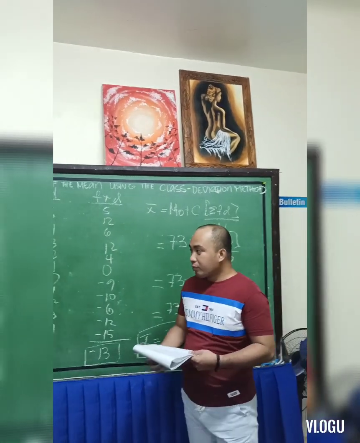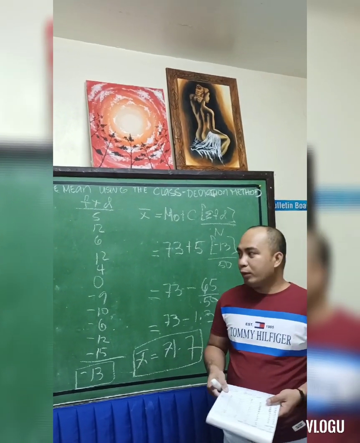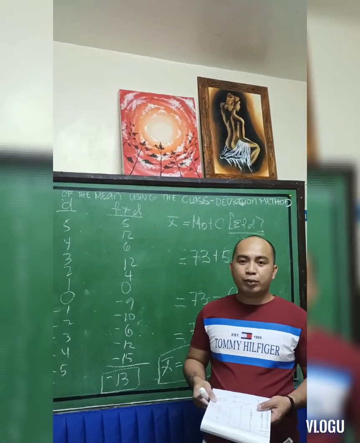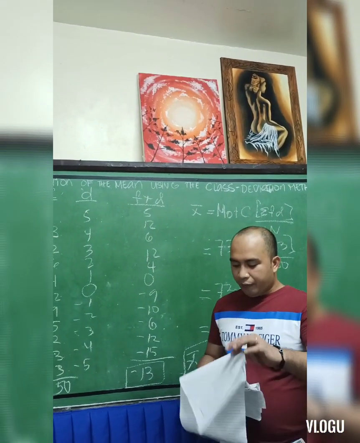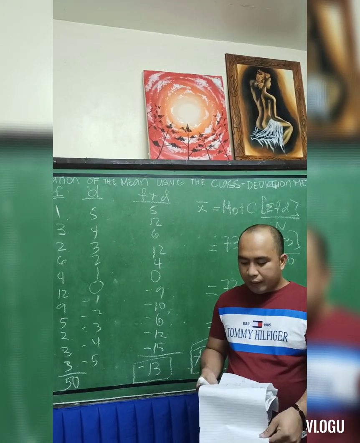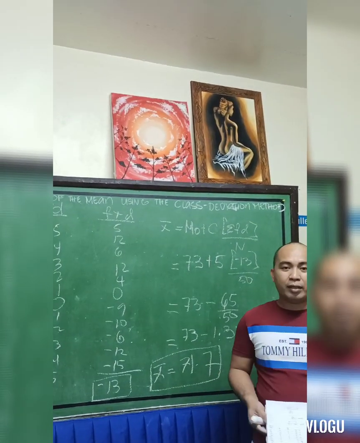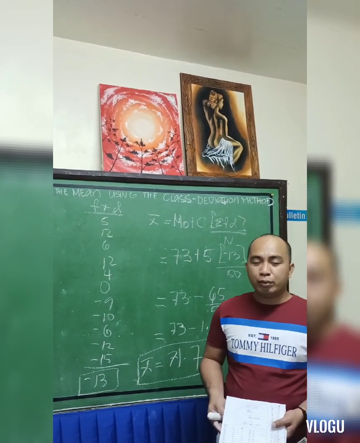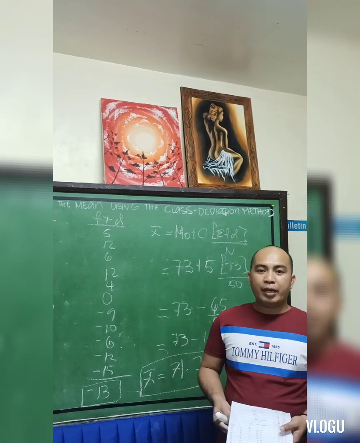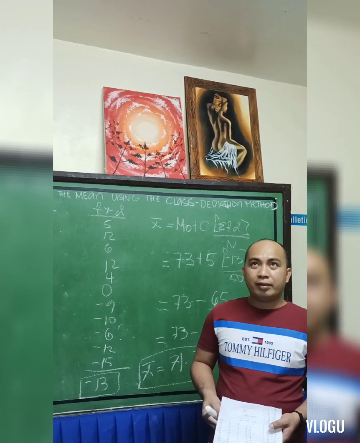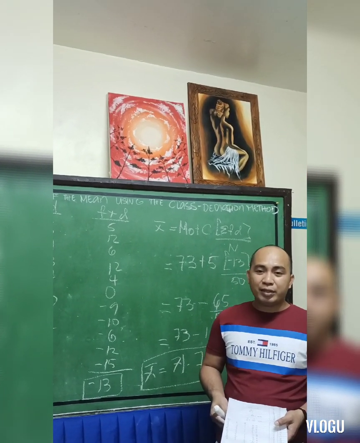So always remember our formula in the midpoint method, which is arithmetic mean is equal to the summation of the product of midpoint times frequency, and our formula in using the class deviation method is arithmetic mean is equal to midpoint of origin plus the class interval times the summation of the product of frequency times deviation.